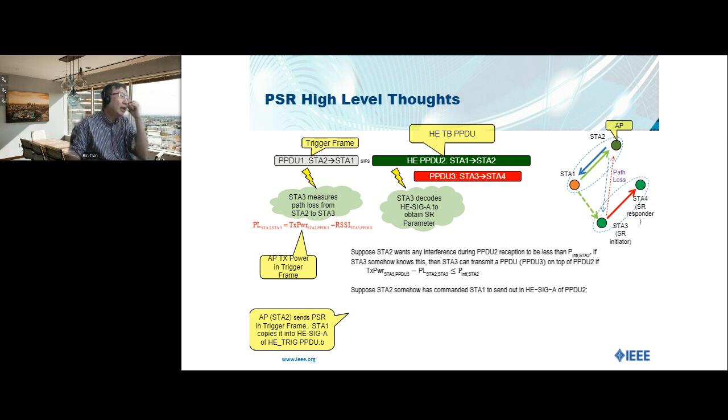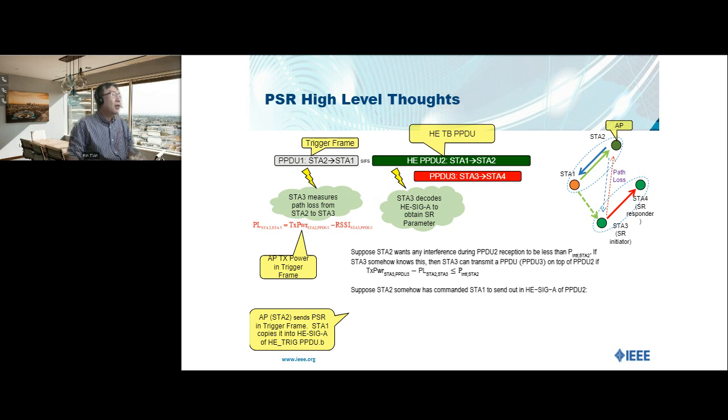So station 3 measures the received power, and also from the trigger frame it knows what the PPDU1 transmission power is. Boom, it can compute the downlink path loss.